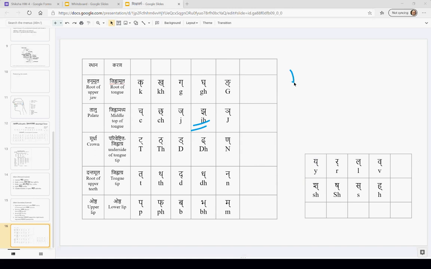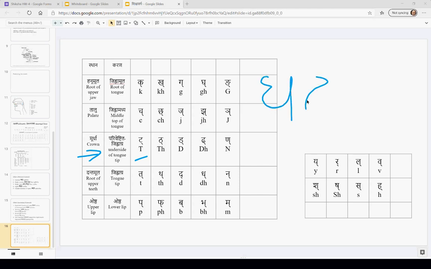And jha. Jhara. Let's say jha. Jha. And here we have seen. And now the most important question is this murdha, the crown one.